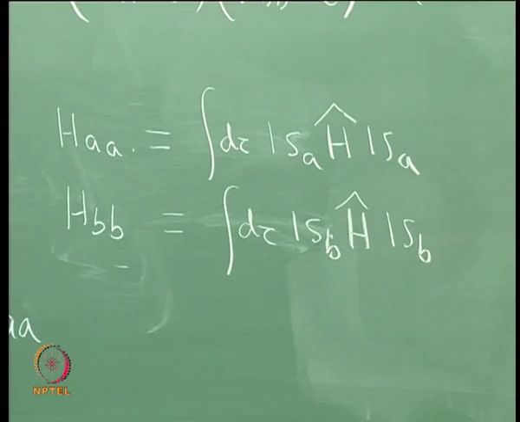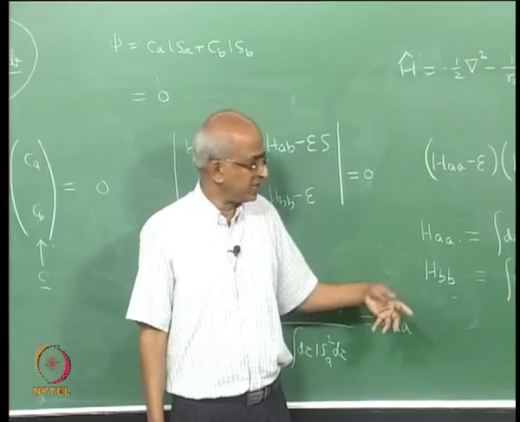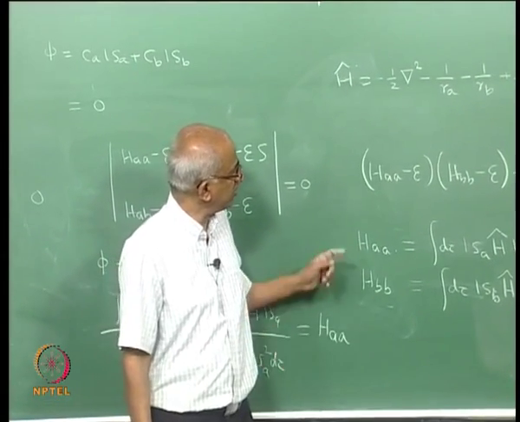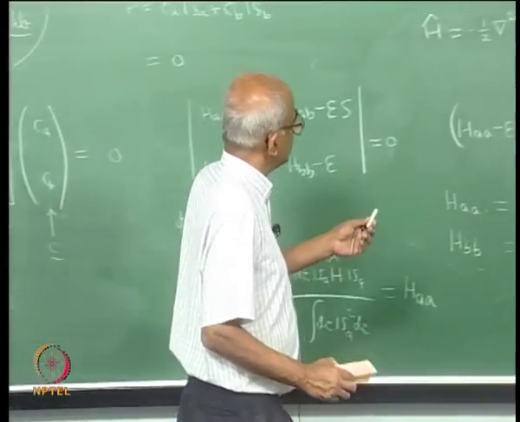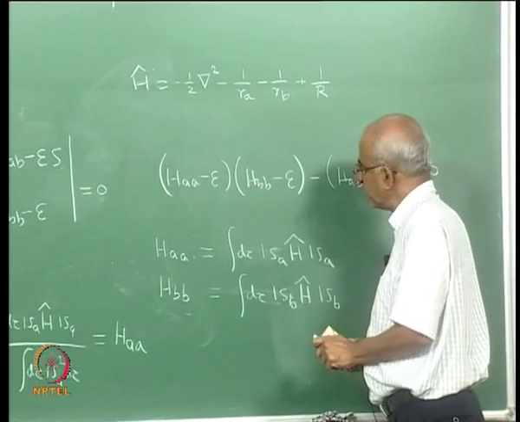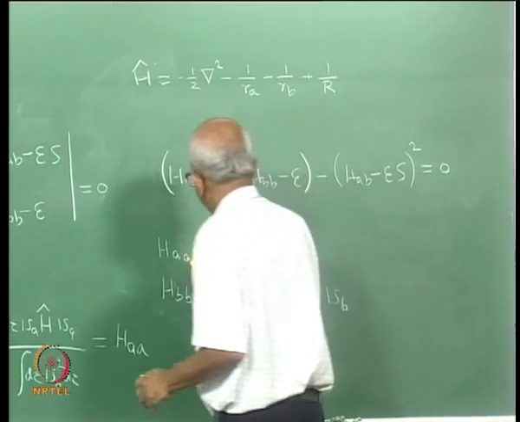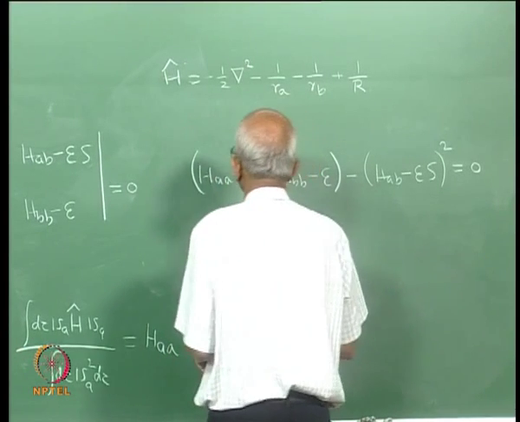You can actually evaluate it by actual integration, you will find that they are equal. But this physical argument tells me that HAA and HBB must be the same, and therefore, I can put that here, HBB must be equal to HAA, and hence this equation becomes even simpler.